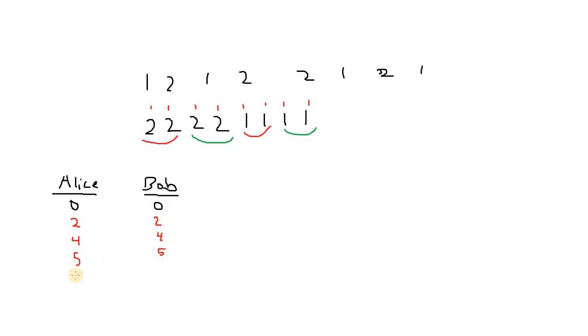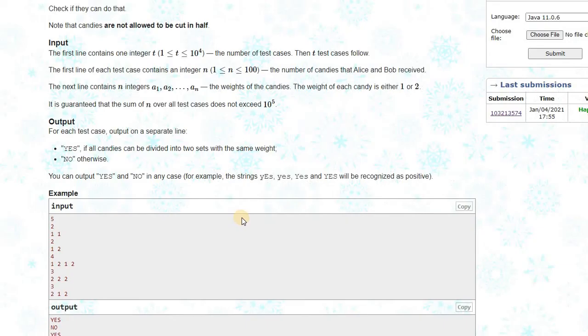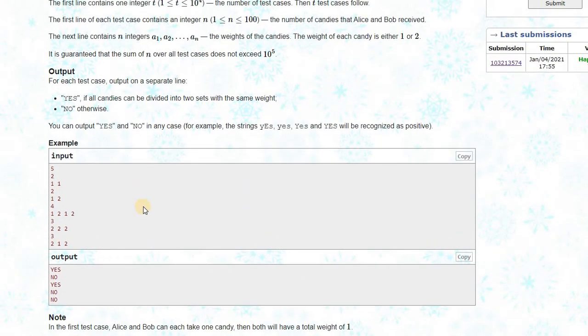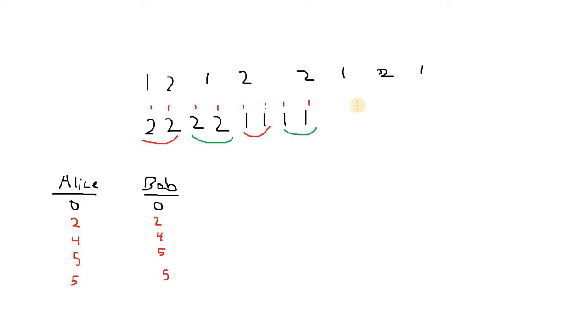They're equal, so we just give it to one of them, doesn't matter who. And then finally, we give Bob the same candy. So in this scenario, Alice ends up with the same weight as Bob. So we know that the answer will be yes, because all candies can be divided into 2 sets with the same weight.